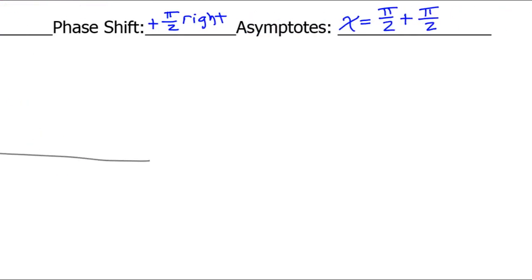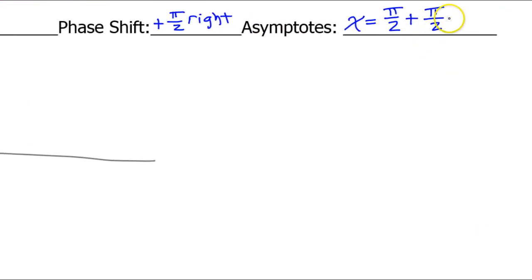But I don't want to just get an expression for one asymptote. I want all the asymptotes. So I'm going to put a multiplier on here. I'm going to put an n. Instead of saying plus pi over 2, I'm going to say plus n pi over 2.